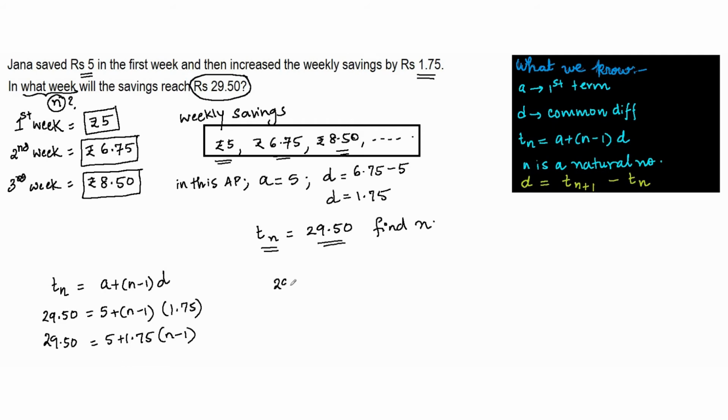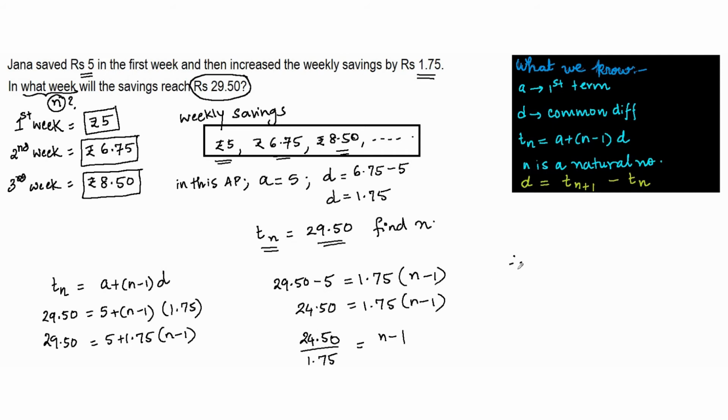So this means 29.50 minus 5 is equal to 1.75 times n minus 1. So 29.5 minus 5 is 24.50 is equal to 1.75 times n minus 1, and therefore 24.5 divided by 1.75 is equal to n minus 1.